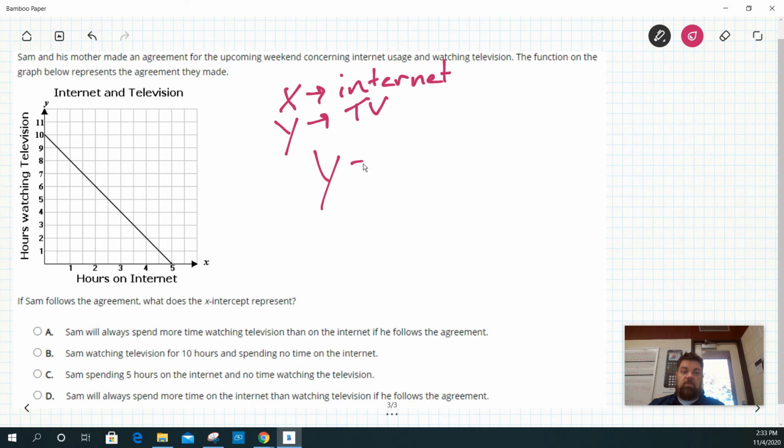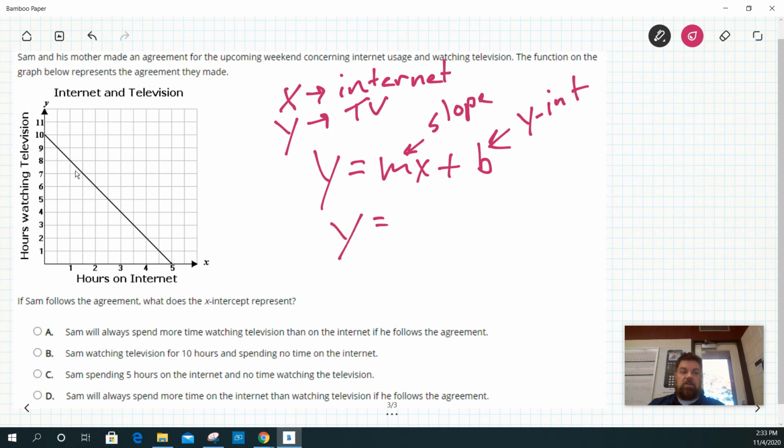So y equals mx plus b, where b is the y-intercept and m is the slope, the rate of change. So my y-intercept occurs right here at about 10, it looks like. And then I've got to figure out what the slope is.